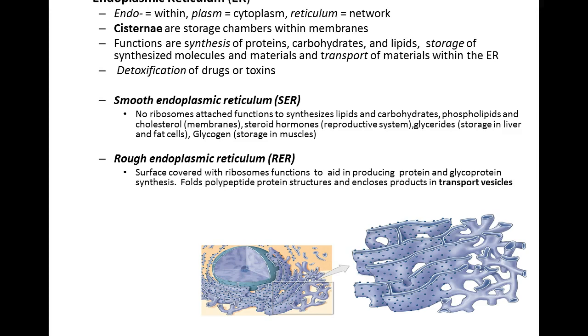So glycogen is a stored form of energy in the muscle. Glycerides are a stored form of energy in the liver. Rough endoplasmic reticulum, what you have there is the further manufacture of proteins, and then putting those proteins in transport vessels. We will continue in the next one.